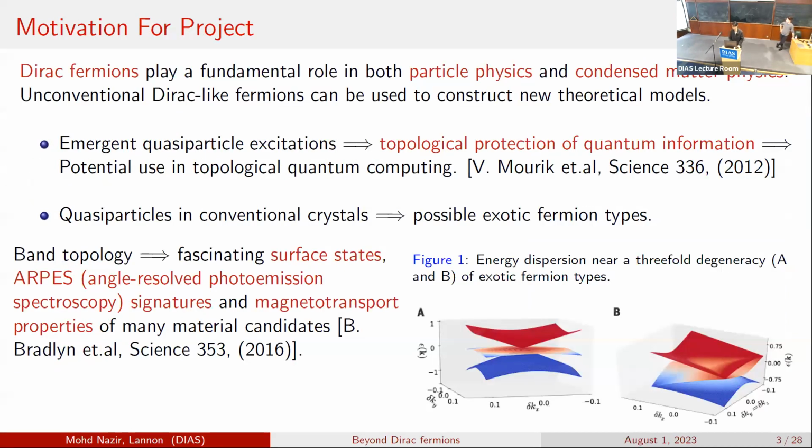So for the motivation of the project, of course, Dirac fermions play a fundamental, essential role in both particle physics and condensed matter physics. The natural arena for our investigation is condensed matter physics, which is a specialization of our coordinator, Jan. And in quantum field theory, fermions can be categorized in three types, which are Dirac, Majorana, and Weyl.